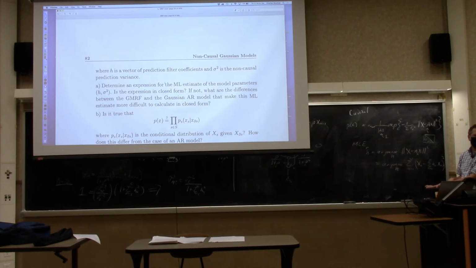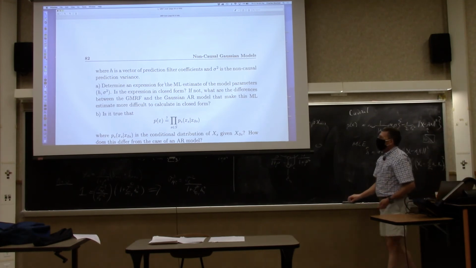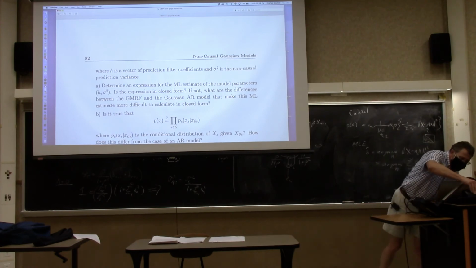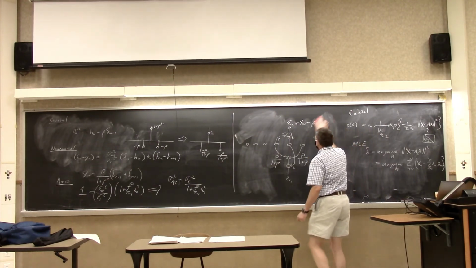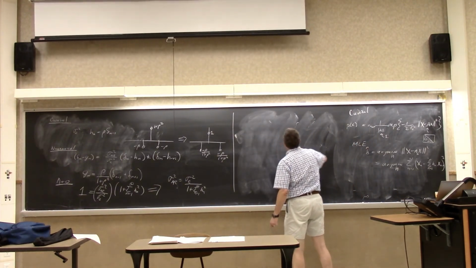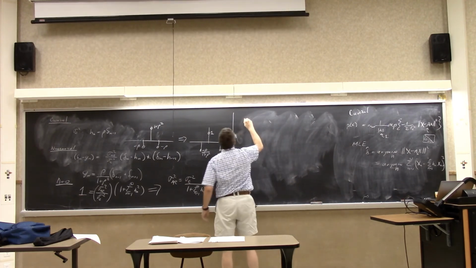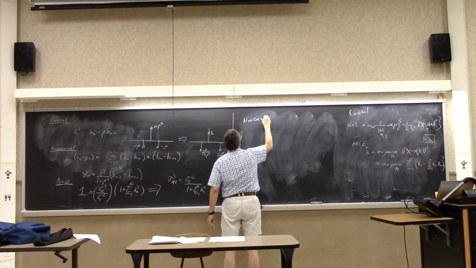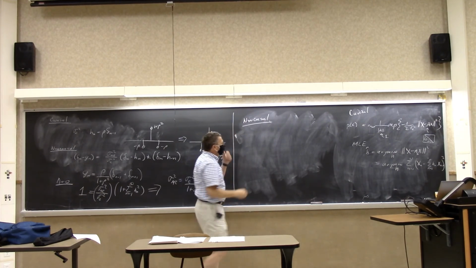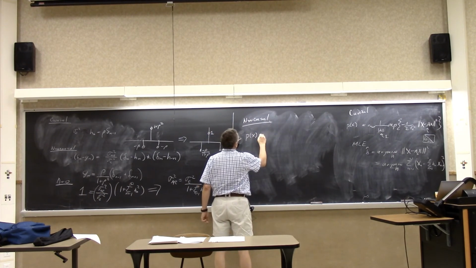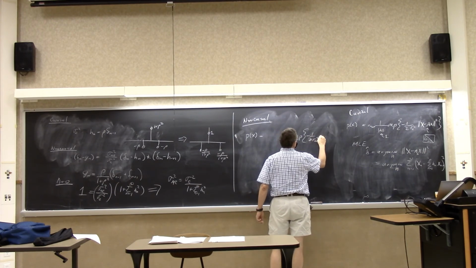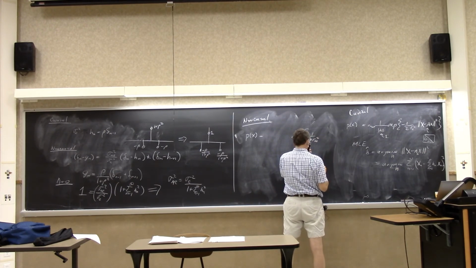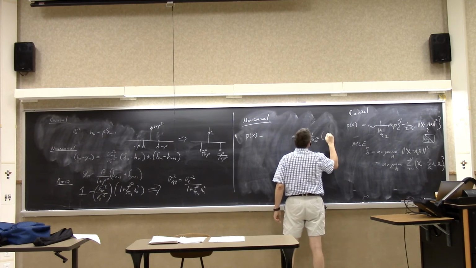It's very standard, okay? Now, the problem when you go to the non-causal case is that what ends up happening is this. You have the probability distribution, and there's some kind of thing over here, exponential of minus 1 over 2 sigma non-causal squared, and it turns out you get something like this.